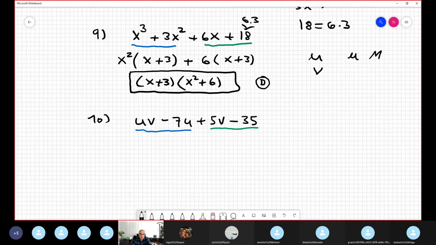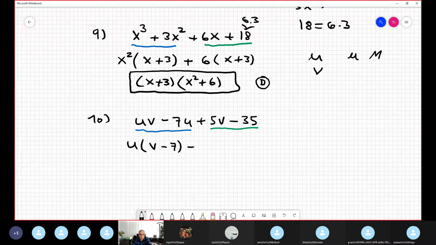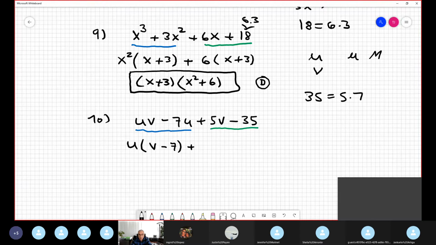What is the greatest common factor in the first couple, the blue color? u, open parenthesis, b minus 7. What is the greatest common factor in the second, the green couple? Well, I know that 35 is 5 and 7, so I factor out 5.